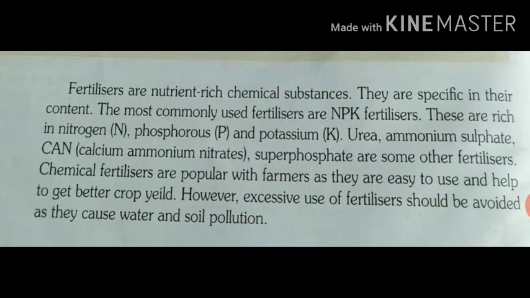A chemical fertilizer is rich in particular plant nutrients such as nitrogen, phosphorus, or potassium. Some examples of fertilizers are urea, ammonium sulfate, superphosphate, potash, and NPK. NPK stands for nitrogen, phosphorus, and potassium.